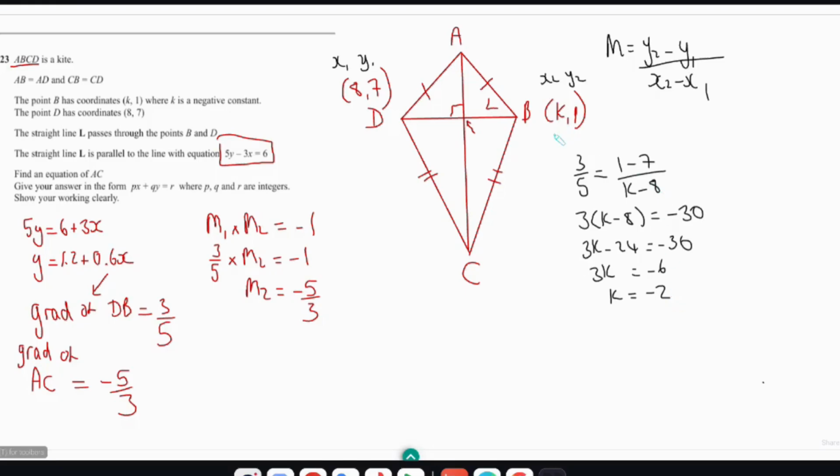Divide both sides by 3. That gives us k is -2. So we now know the coordinates of B are (-2, 1). So now we can find a point on the line AC by finding the midpoint of DB.